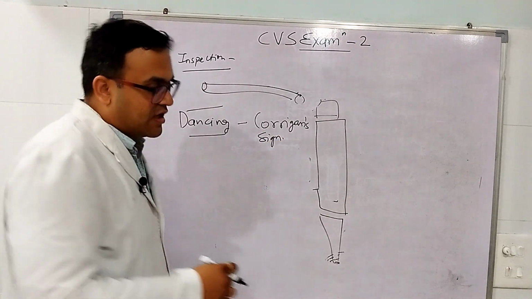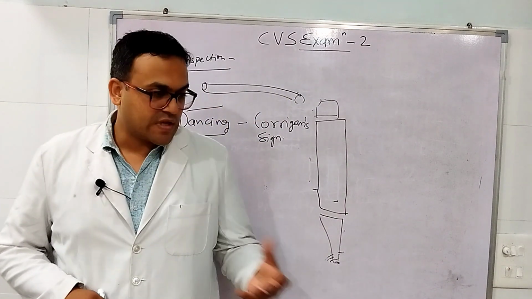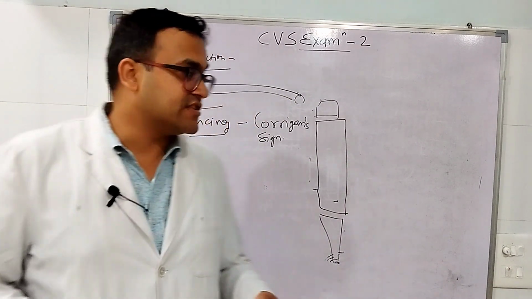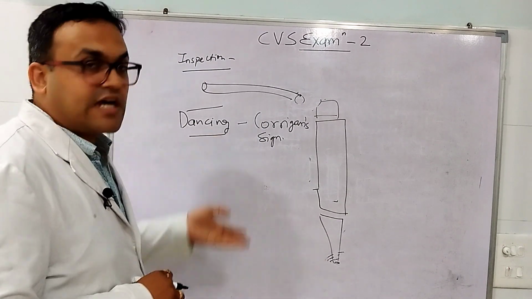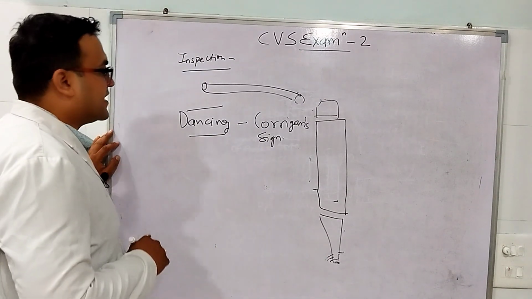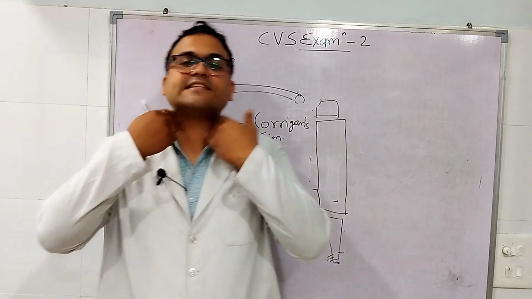We will be discussing all the signs of aortic regurgitation when we take up valvular heart diseases. In that I will give a mnemonic also and discuss all the peripheral signs of AR.